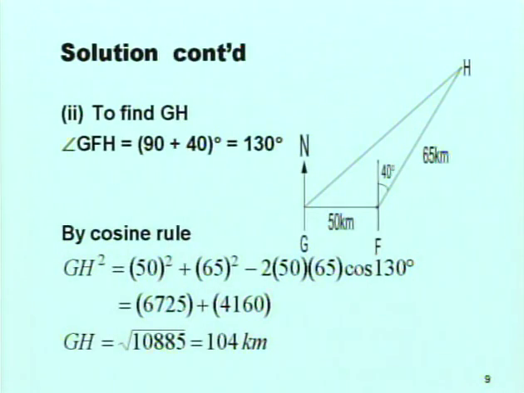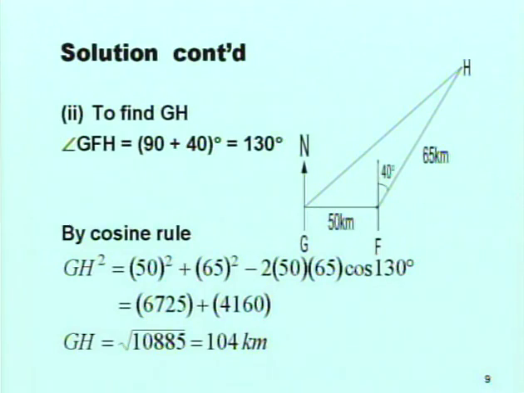The solution continues here. The second part, you're required to use the diagram to do the calculations. You're asked to find GH. To find GH, we have to determine the size of angle GFH.